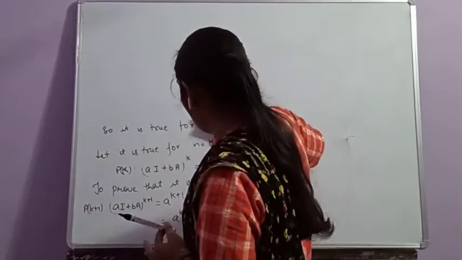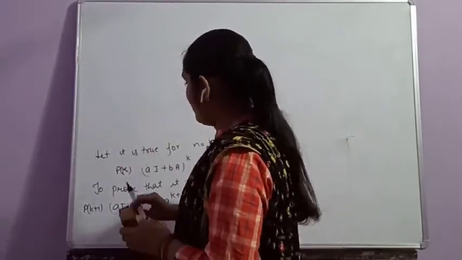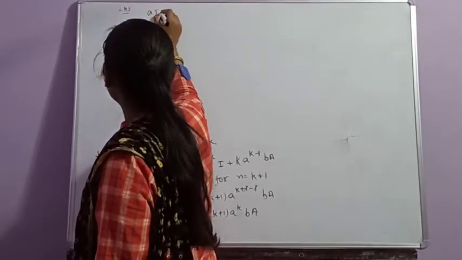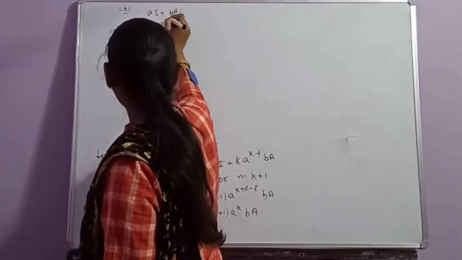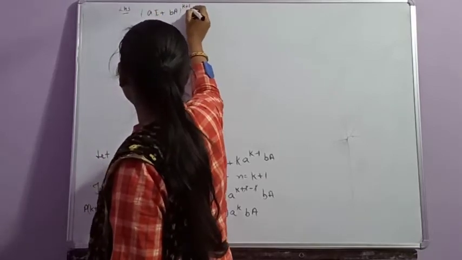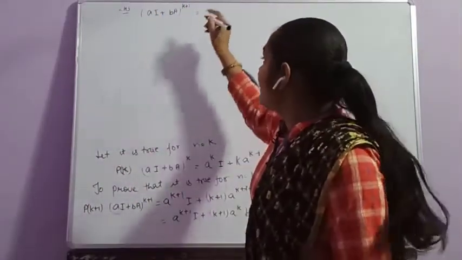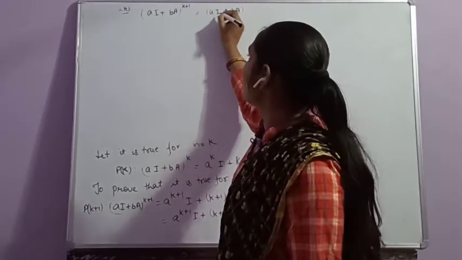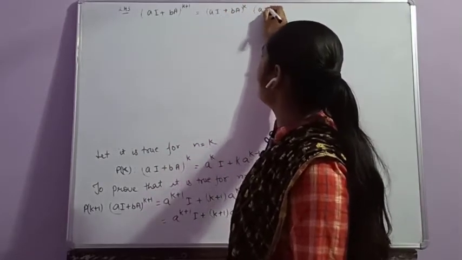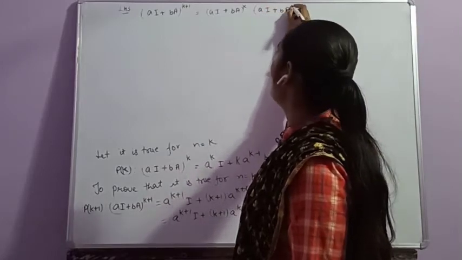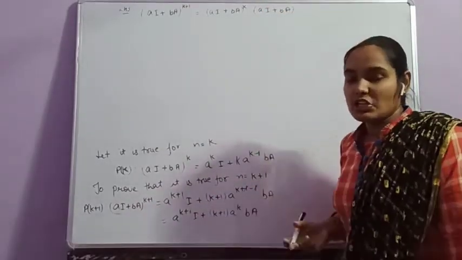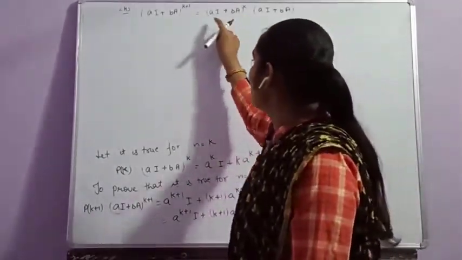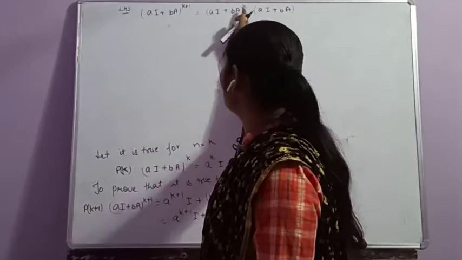The left hand side is (aI + bA) whole raised to the power k plus 1. We can write it as (aI + bA) whole raised to the power k into (aI + bA) raised to the power 1. We know that in multiplication, if bases are same, then their powers are added. Clear? By using the binomial theorem, we can expand it.